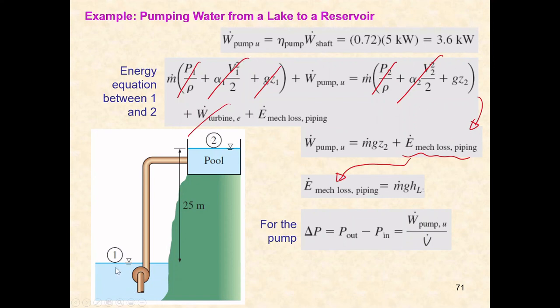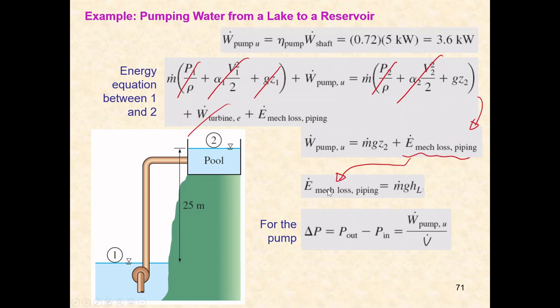If you take Z1 as a reference point, then we know that Z2 is 25 meters above Z1, so Z1 can be cancelled out, and we only have Z2. Then we can simplify this equation: W pump equals mg Z2 plus the head loss of the piping.